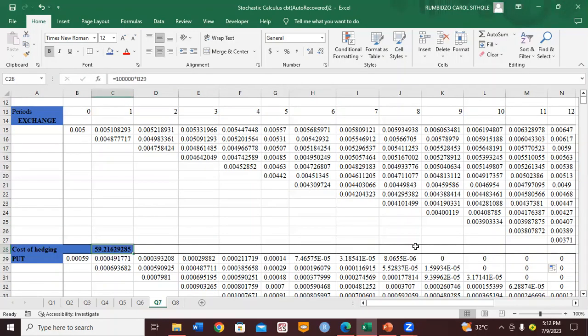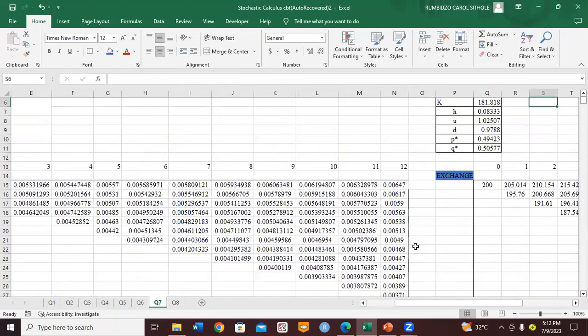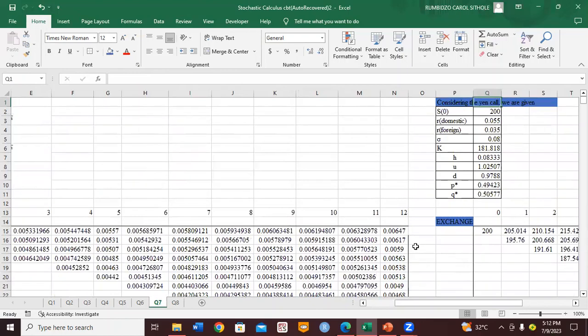And then we will move on to the call. So considering the yen call, now it's going to be the same as what we did before, but then our spot price is going to be 1 over B2, and our strike price is going to be 1 over B6.